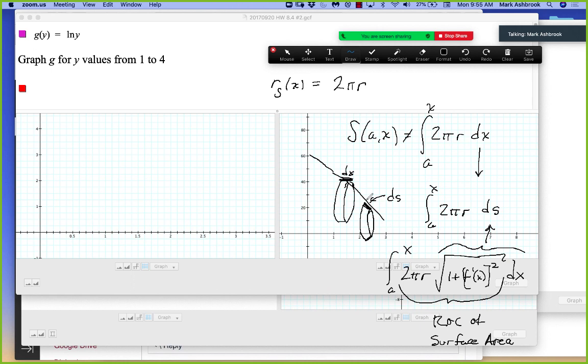Those were the little tangent segments, tangent to the curve at the beginning of the interval, right? So we took the beginning of the interval, we got the rate of change of the function, and we generated a tangent segment. So if our ribbons generate that way along that line, then we get the right surface area rate of change.